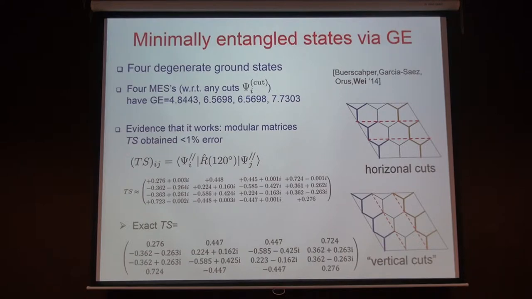Yeah. And if you were able to scale to a larger system, then this degeneracy would be much better if you were able to use tensor network to get the four or multiple degenerate ground states and use that as your superposition and carry out the minimization.